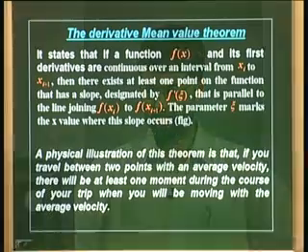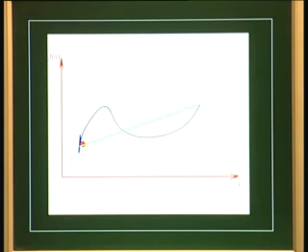That looks trivial if you say it this way, but if you are traveling between 2 points with varying velocities and then compute the average velocity, this theorem says that at least at one point along your travel, you were traveling with the average velocity. So that is the statement of this theorem, which is illustrated here.